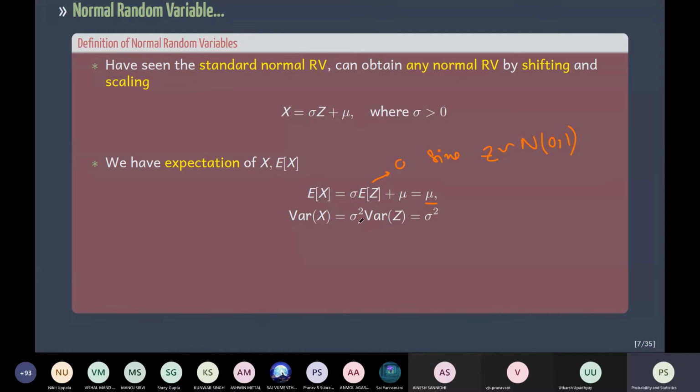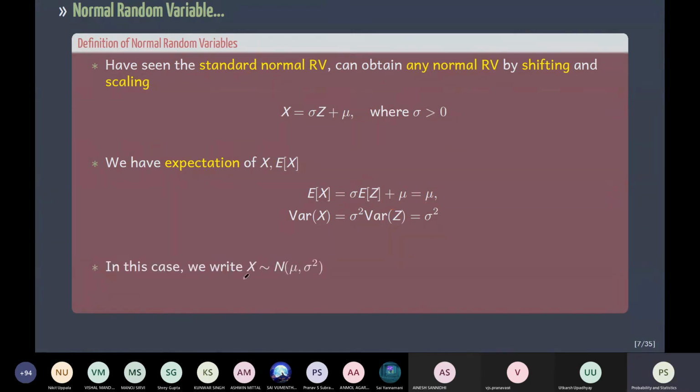And then the variance of X, you apply the variance property: variance of aX plus b is nothing but a squared times variance of X. That's the property that we have proved for the variance. So that's what we are going to apply. So this will be sigma squared times variance of Z. Now variance of Z is 1, so this will be just sigma squared.